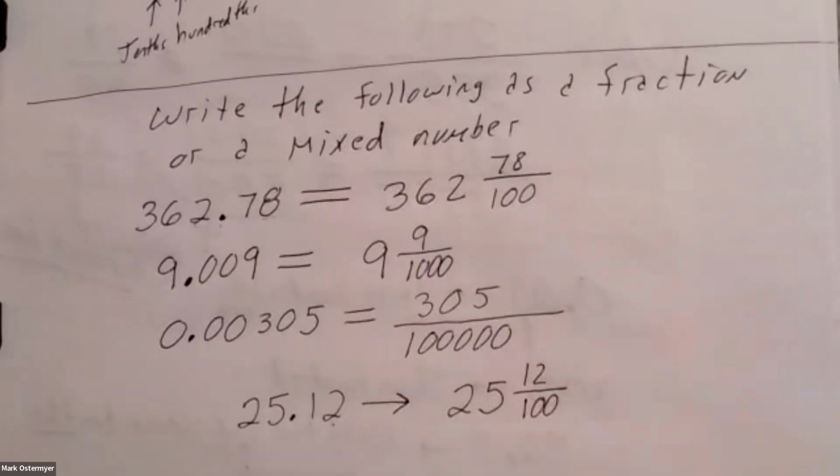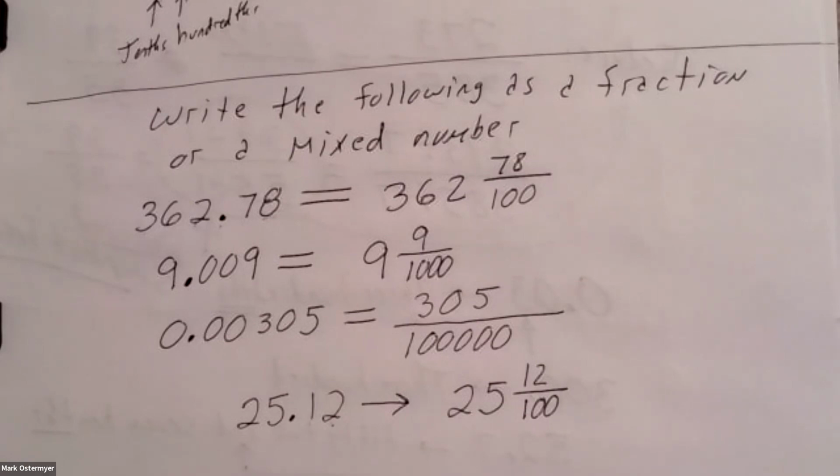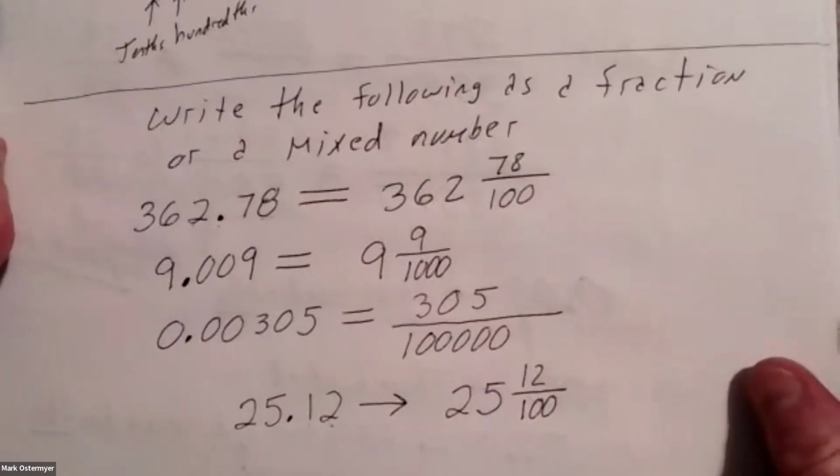There you go. 25 and 12 hundredths. That's right, because that's how you read it. Is this making sense how we're writing decimals as fractions? Do you think on a future quiz you might be able to do that? Yes. Okay.